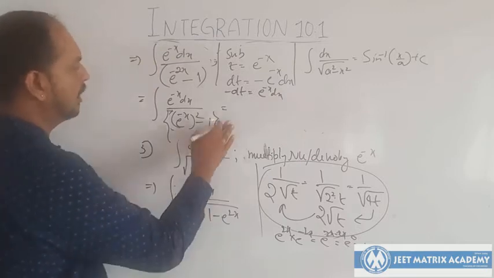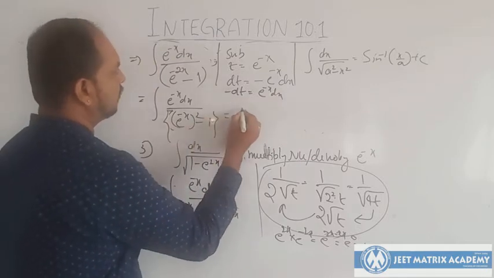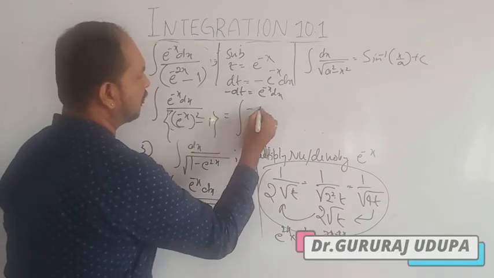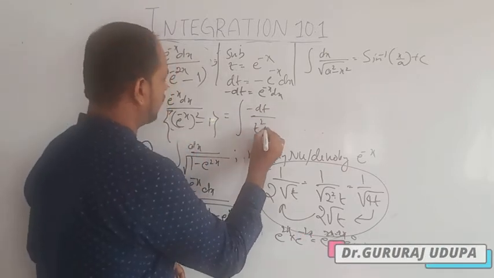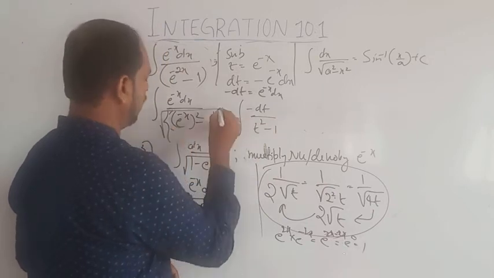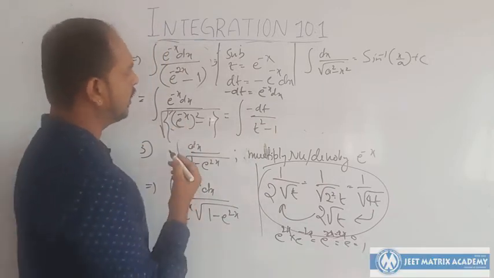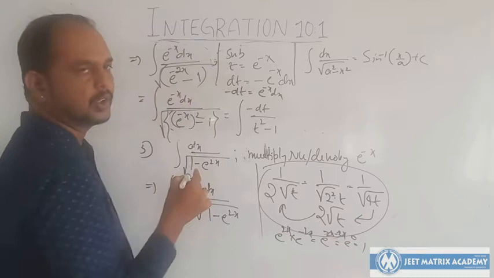Now it is simple. So what happens? This will be the integration of minus dt divided by the square root of t squared minus 1. The square root is there. Okay, we should not forget the square root.